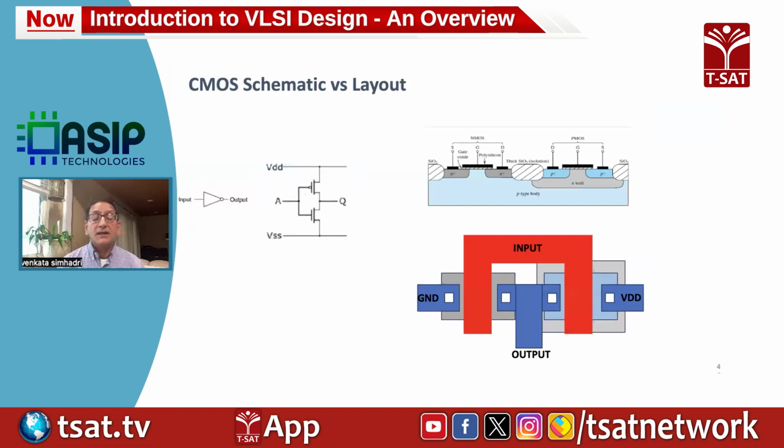So I'll give you a very high level overview of what happens in a foundry. But before we go there, this is an interesting picture. I want every semiconductor engineer to understand this.